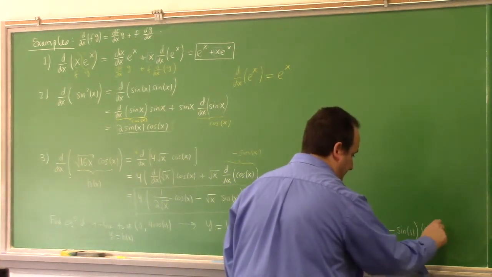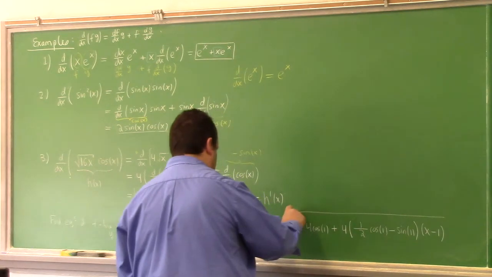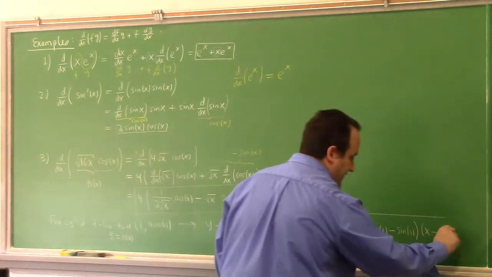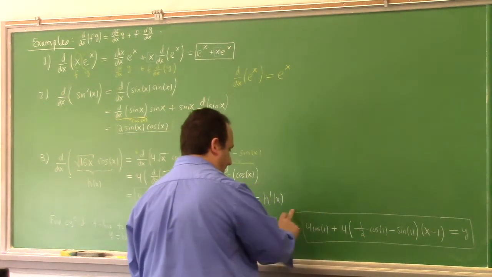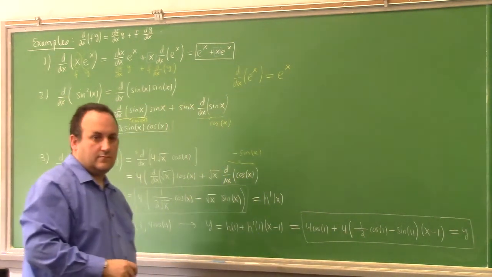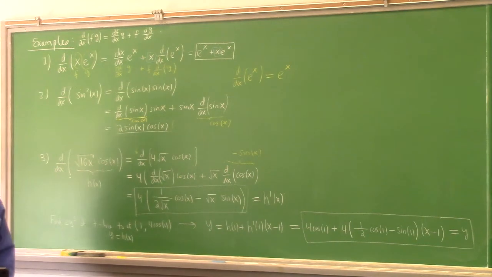There you go. Set that equal to y. That's the equation of the tangent line to the function y equals h of x at 1, because we figured out the derivative function in example 3. So we can use that function to find the derivative at a point by evaluating the derivative function at 1.